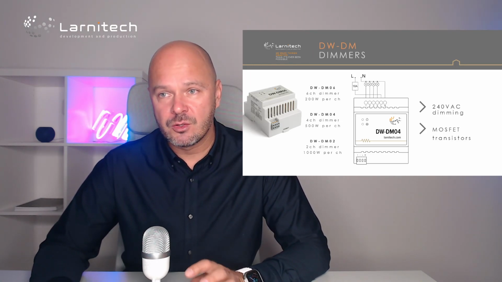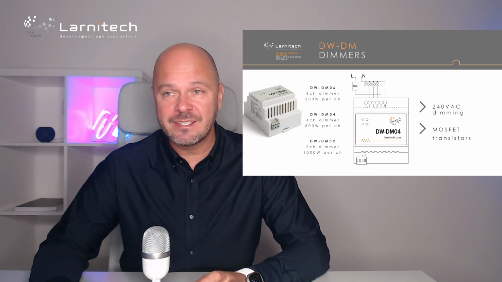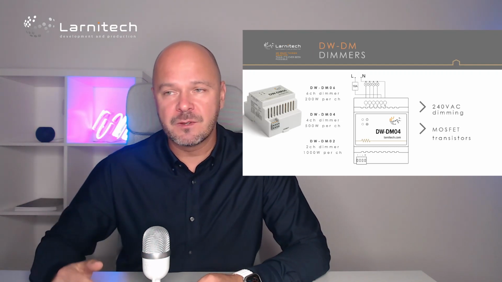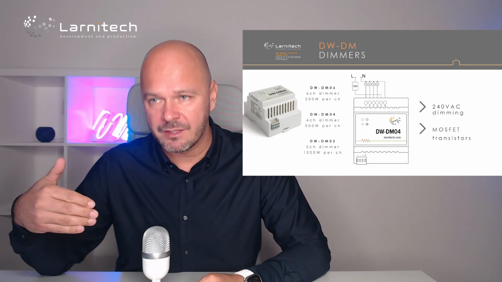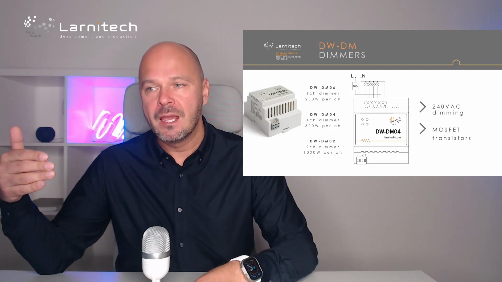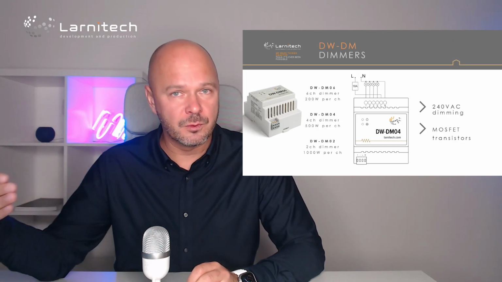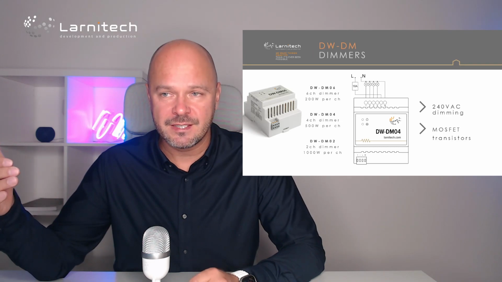This dimmer is also smart. It has different settings for curves of dimming. It has different settings for minimum levels and maximum levels, and how fast the light goes on fully. So it has different settings.